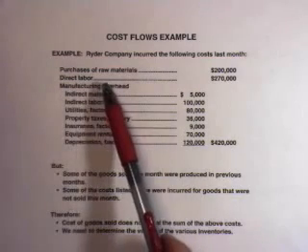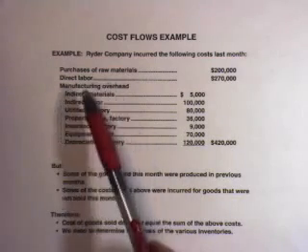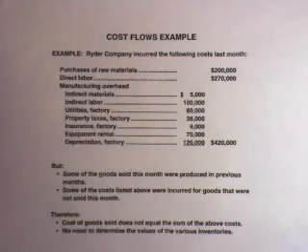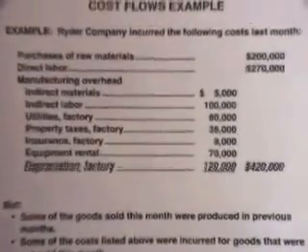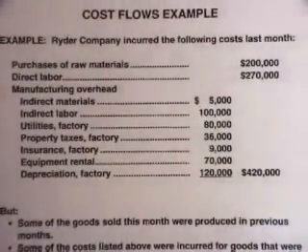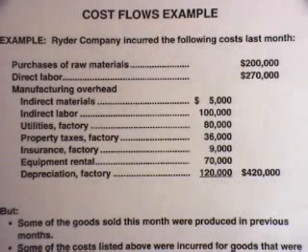Purchases of raw materials, $200,000. Direct labor for $270,000. We've got manufacturing overhead with a longer list of various items that are related to the factory, but they're not direct costs.